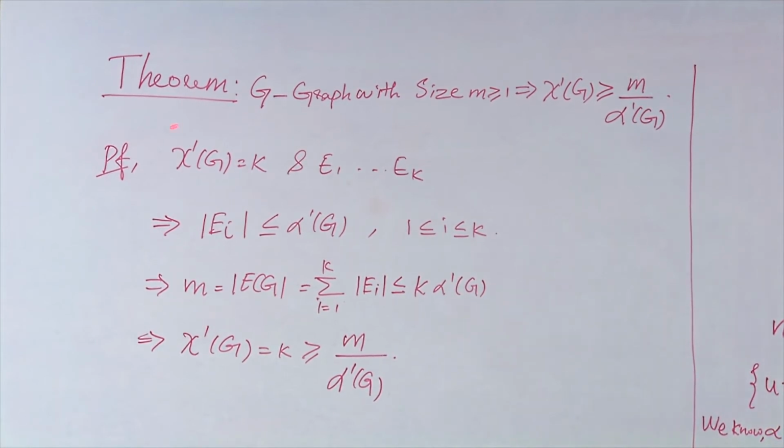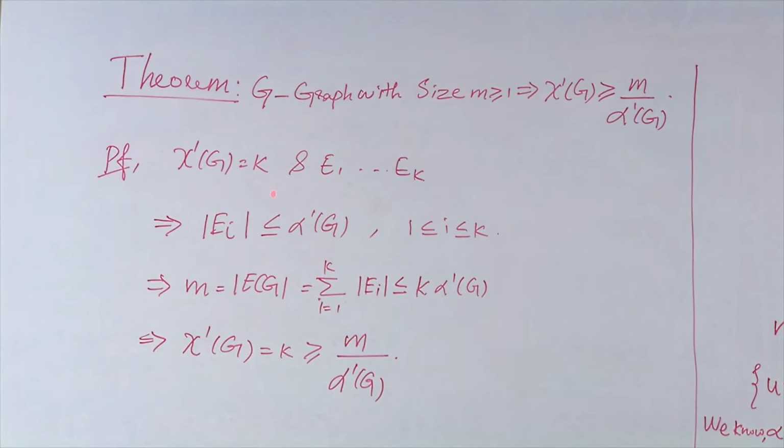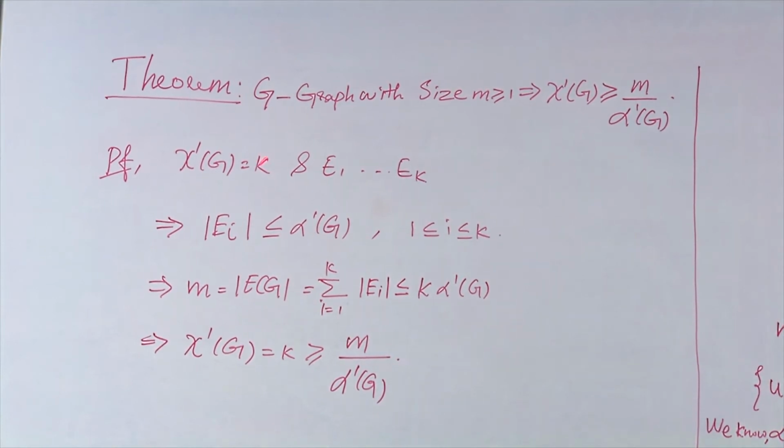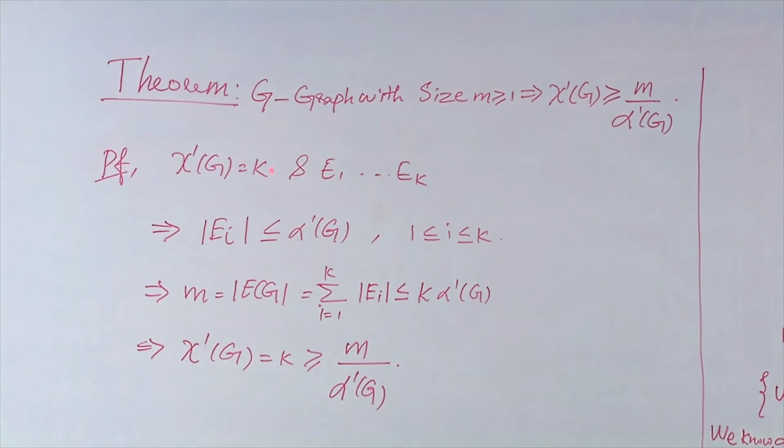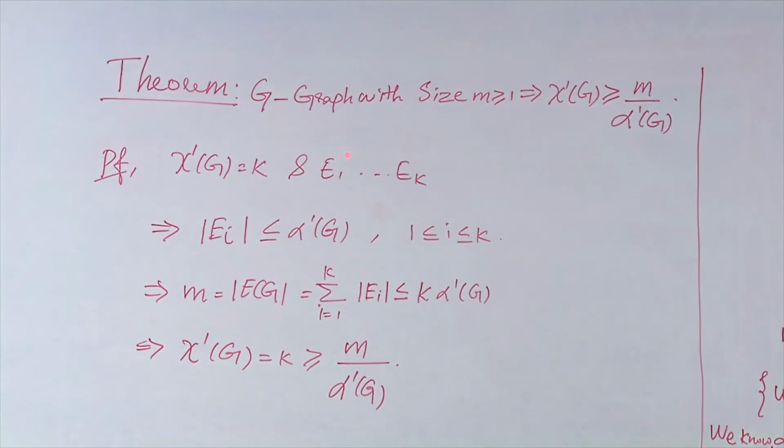Let us look at the proof now. So, I am going to take a graph and I am going to take the chromatic index of that graph to be k. Chi dash of G is equal to k, which means that the minimum number of colors that I have to use in order to have a proper edge coloring is k. And I am going to take the color classes as E1, E2, etc., Ek.